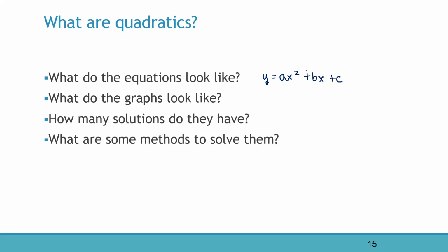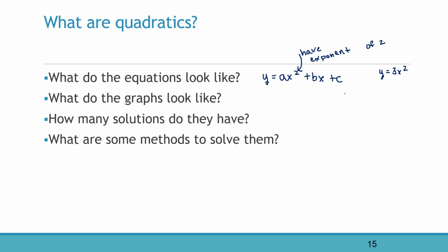And the key thing about them is they have a squared exponent. So they could be much simpler than this one, which is that standard or general form. So we might just have y equals 3x squared, and that would be considered a quadratic.